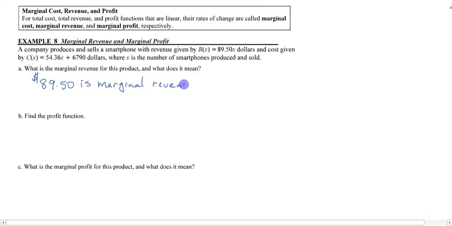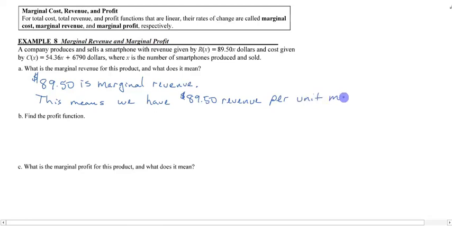And what does it mean? It means that we have $89.50 revenue per unit made and sold.